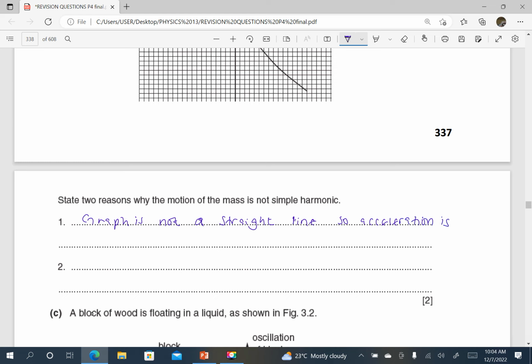So acceleration is not directly proportional to displacement. Number 2, maximum displacement.